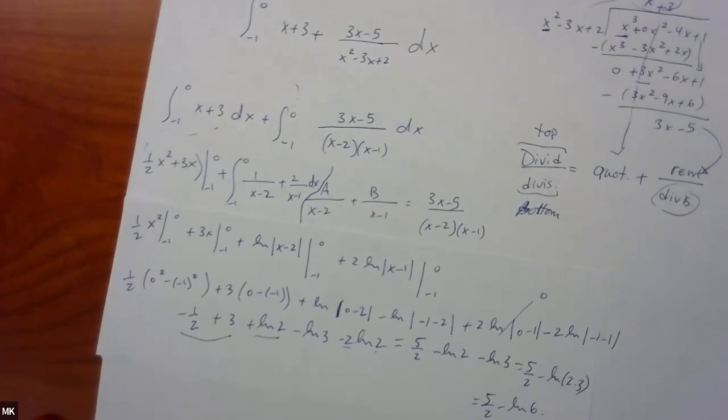That's a little bit more involved because you have to do the long division. Not everybody likes long division. And then you do partial fraction decomposition, and then you calculate the integrals. But partial fraction decomposition is your friend. It just doesn't seem like it, but it is your friend.